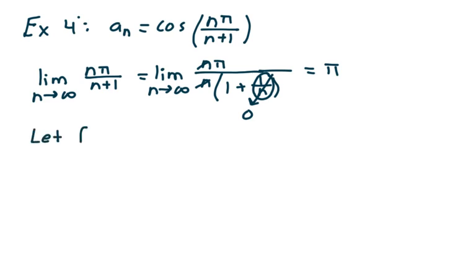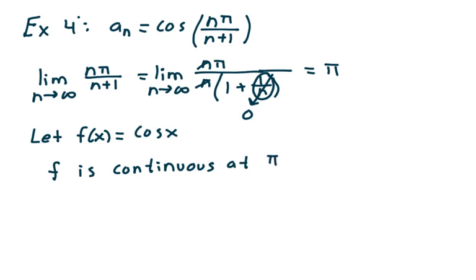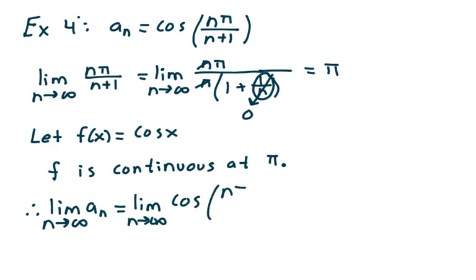Now, I'm going to let f of x equal cosine x. Can we agree f is continuous at pi, right? And so, therefore, the limit as n goes to infinity of a sub n, that's the limit as n goes to infinity of cosine of n pi divided by n plus 1.